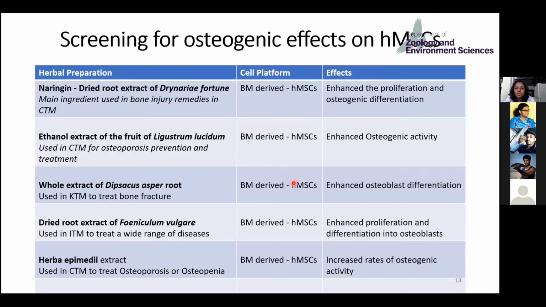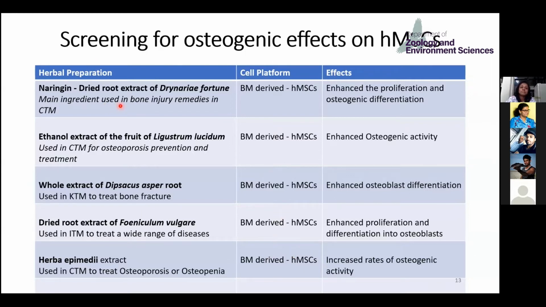So moving on to the contents of our review article. Here I have listed out the papers which I have mentioned in the review. First, screening for osteogenetic effects on mesenchymal stem cells. Here you can see the cell platform; all they have used is bone marrow derived mesenchymal stem cells.